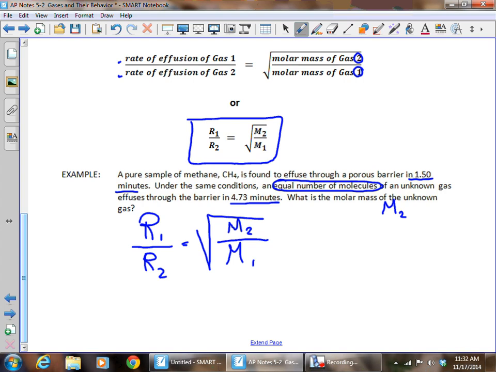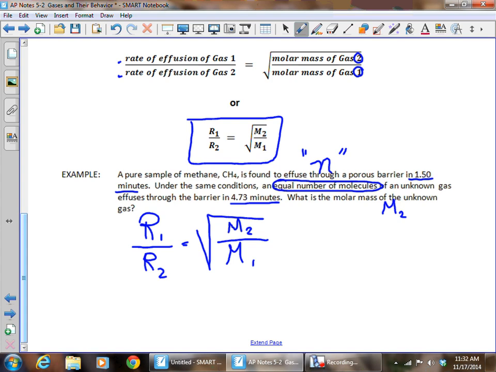I need some number of particles or some number of moles per a time value in order for it to be a rate value. That's where this equal number of molecules comes in very, very handy, because this equal number of molecules, let's call it N. We could call it X, we could call it whatever we wanted to, but let's call it N for the number of molecules.